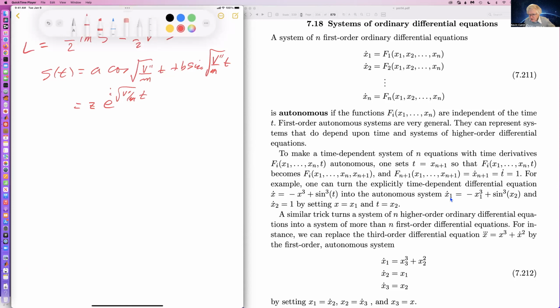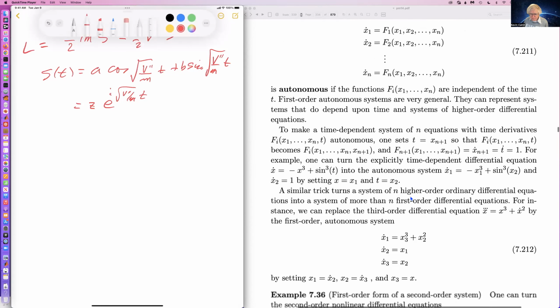You'd say x1 dot is minus x1 cubed plus the cube of the sine of x2, and then you say x2 dot equals 1, and you set x equal to x1, t equal to x2, and so you've represented this differential equation as an autonomous system here.